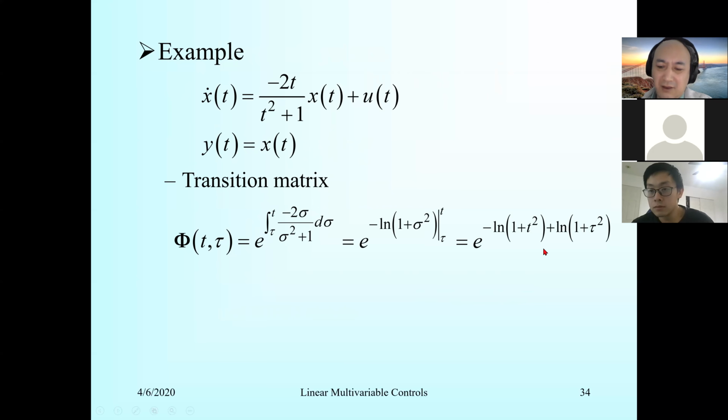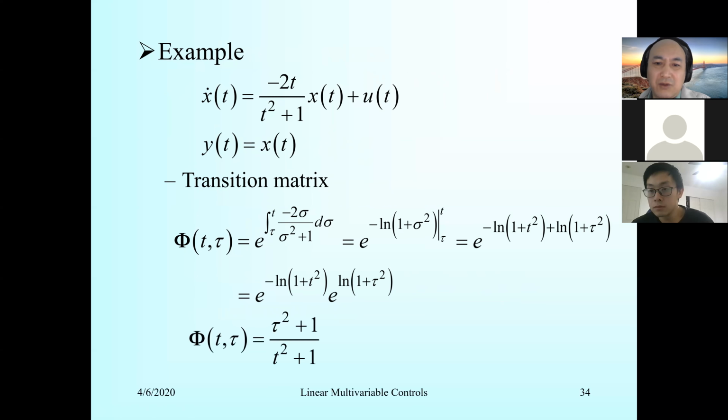You end up with this. Then you come to two terms. Then it becomes 1 plus tau squared divided by t squared plus 1. So that is the phi(t, tau). It's like this.